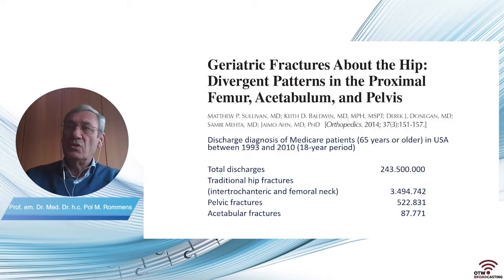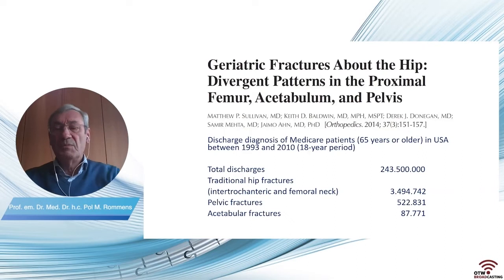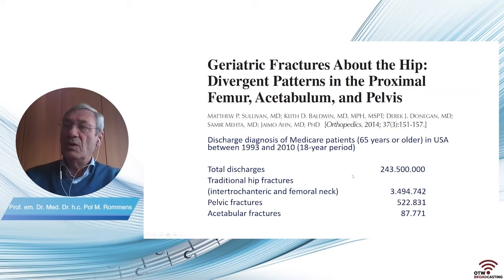That brings us to new problems because we are facing two diseases and comorbidities of the aging population. Here you see a publication out of 2014 from the United States. The authors have looked at the discharge diagnosis of all Medicare patients, that means 65 years and older, in the United States between 1993 and 2010.